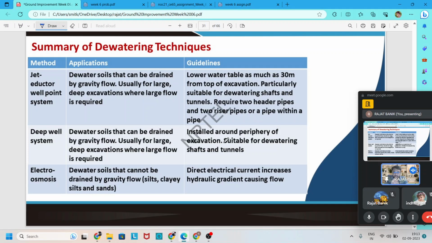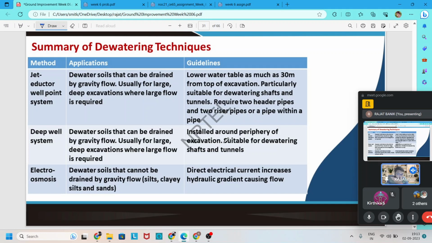Here also we can use gravity, usually for large deep excavation where large flow is required. That means it is also used for large projects where a large water flow is removed from the ground. It is installed around the periphery of the excavation, suitable for dewatering a shaft or tunnel. So same as the jet eductor.